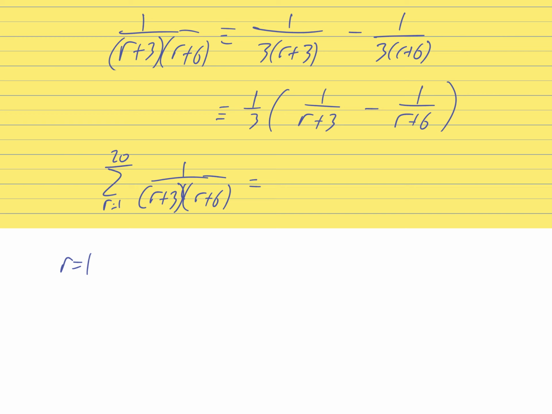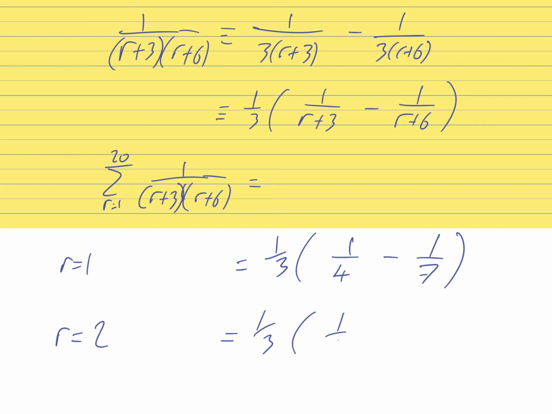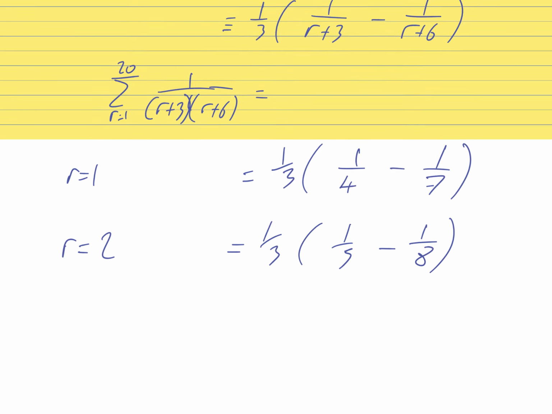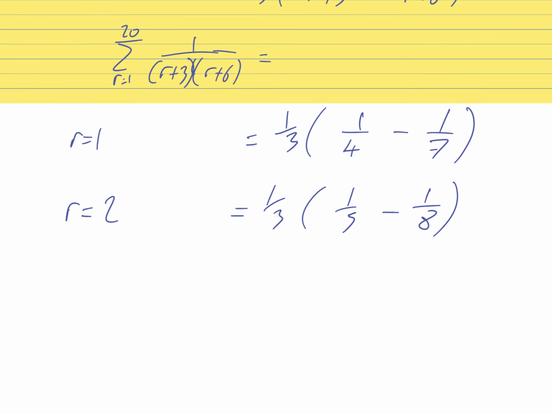If you put r equal to 1, you get 1/3 times 1 over 4 minus 1 over 7. If we put r equal to 2, you have 1/3 times 1 over 5 minus 1 over 8. I have to go on because I'm not seeing any pattern here, anything cancelling out.